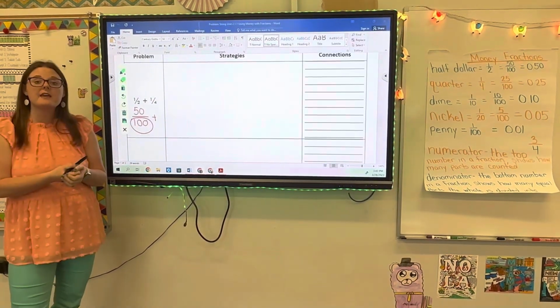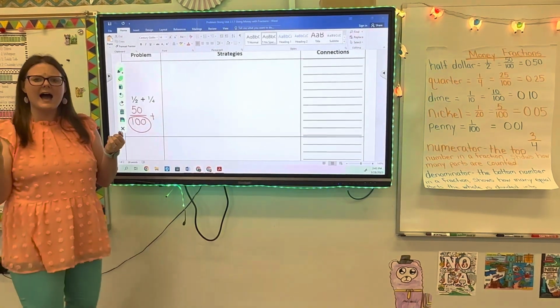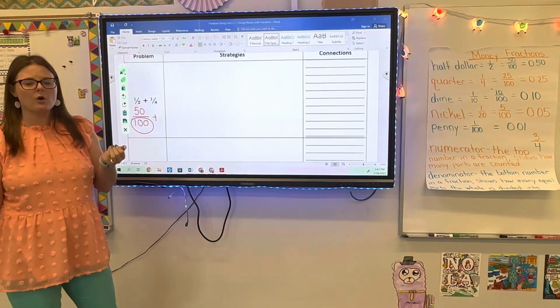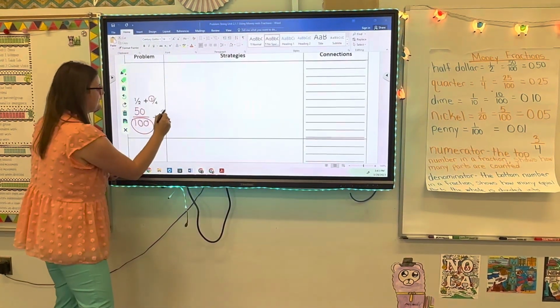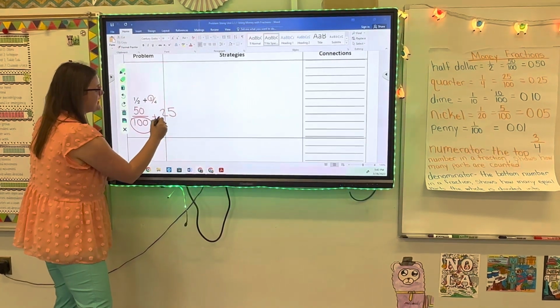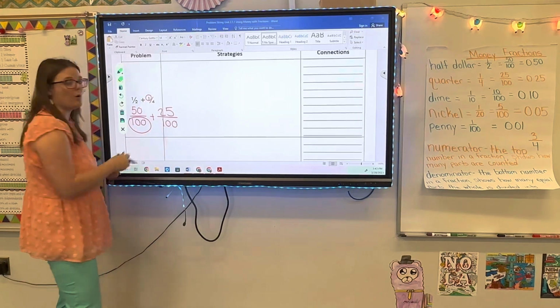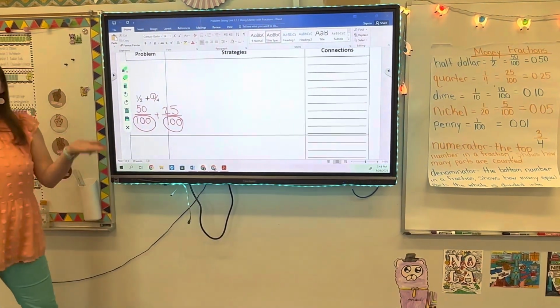A 1/4, if I have a 1/4, I need to think, what coin do I need 4 times to make $1? Well, I need 4 quarters to make $1. If I have one coin, I have 25 cents. And 25 hundredths is equivalent to a 1/4. So now my denominators are still the same.